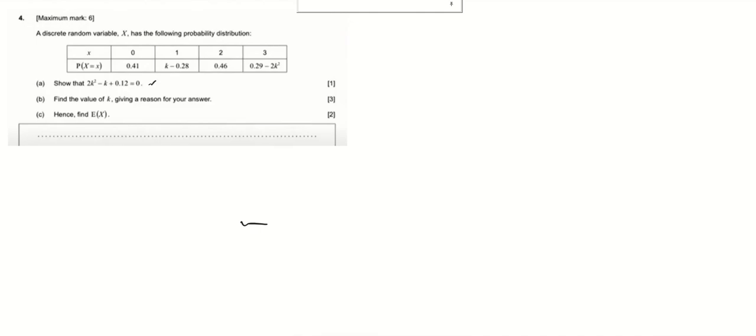So the idea in order to show that is to say that the sum of all the probabilities for the different outcomes of the random variable must equal 1. So we have that for the 0 outcome the probability is 0.41, and then for the 1 outcome the probability is k minus 0.28, and so on.